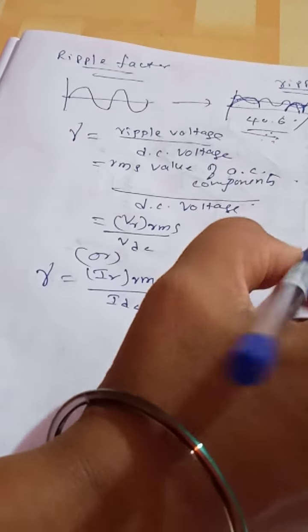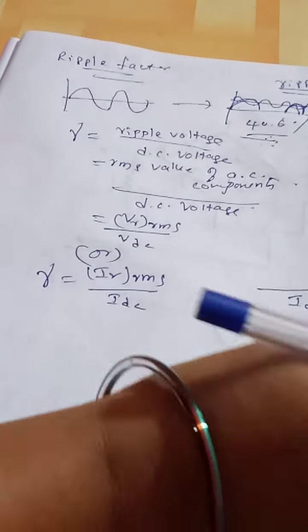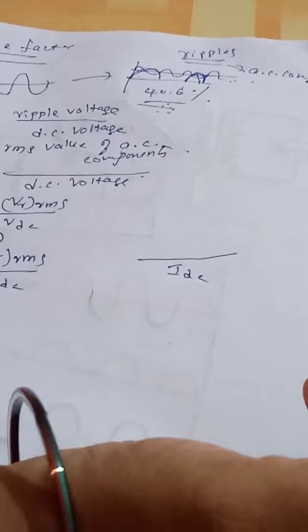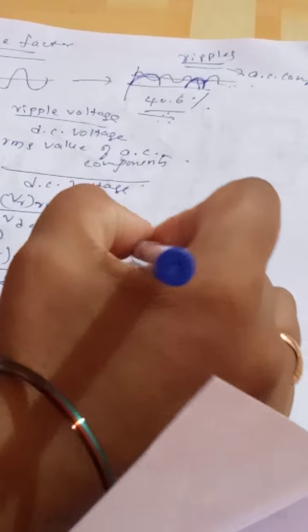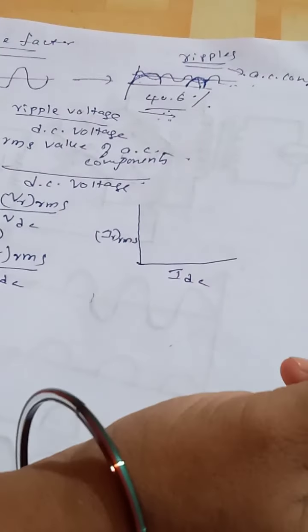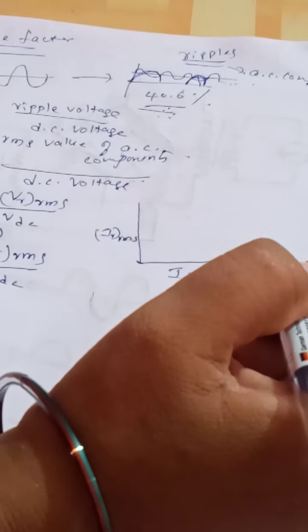Now here I am drawing the output DC current. In output we are also having some AC components, I_R RMS, the current due to AC components, which we call the ripple current.